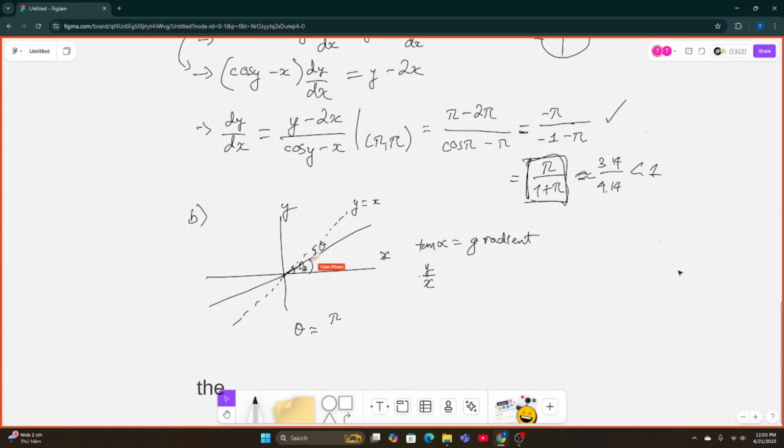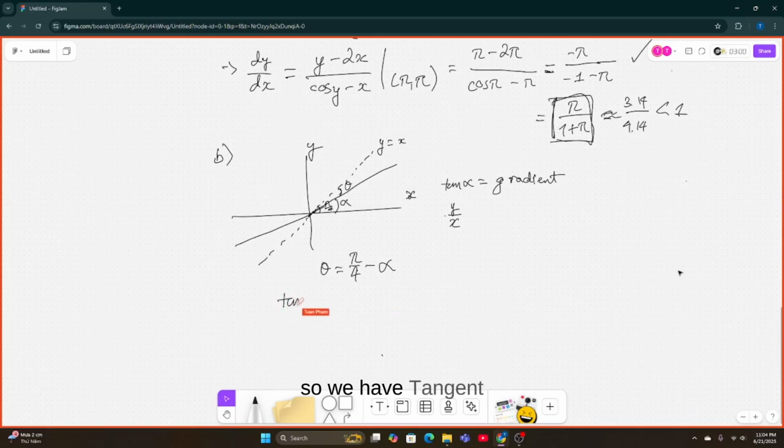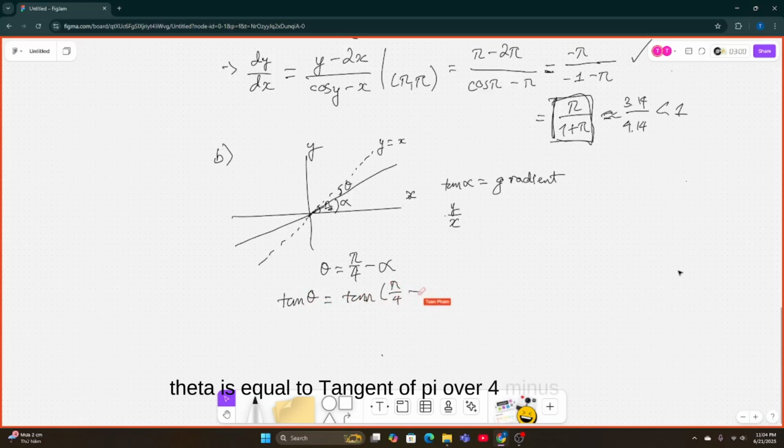Let's call the angle between the tangent line and the x-axis alpha. So we see that this angle theta is equal to pi over 4 subtract alpha. So we have tangent theta is equal to tangent of pi over 4 minus alpha.